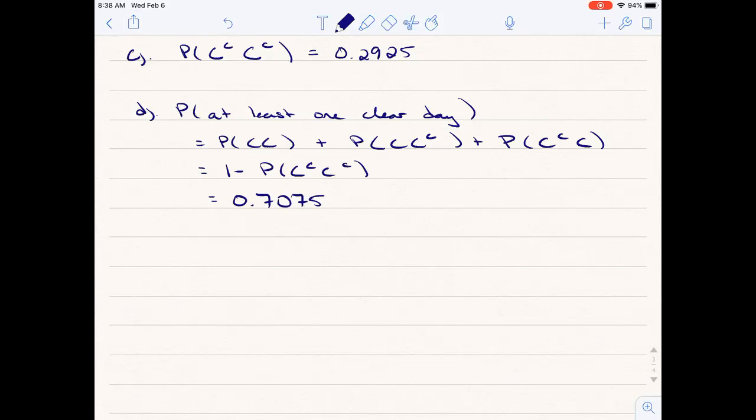So you have two options for answering that one. Whether you like to add up those probabilities that satisfy the criteria or just subtract the one that doesn't satisfy it, that's fine.